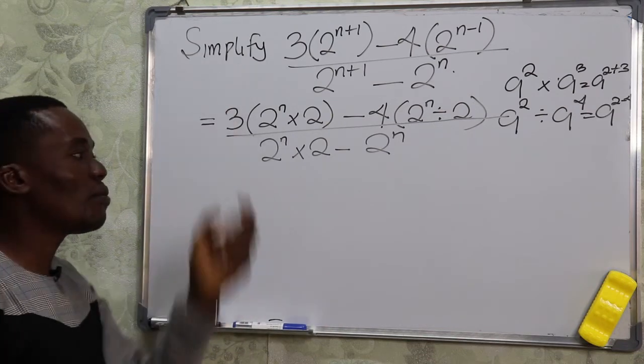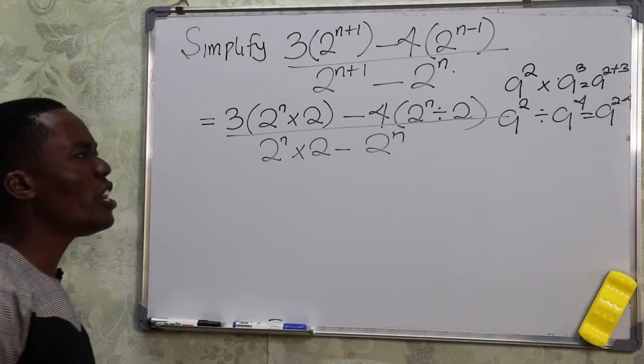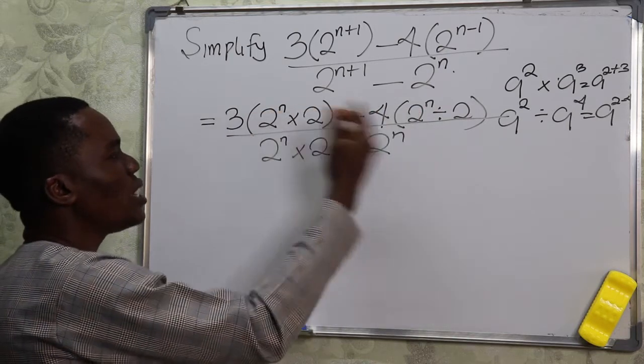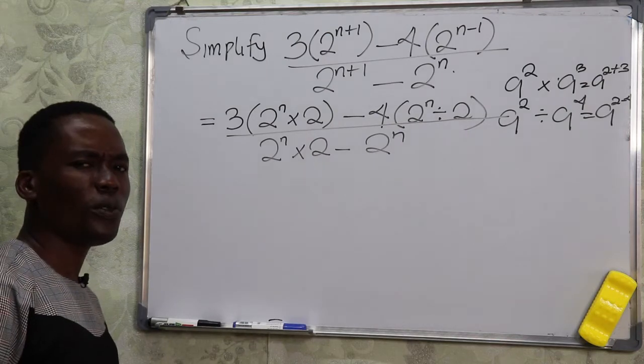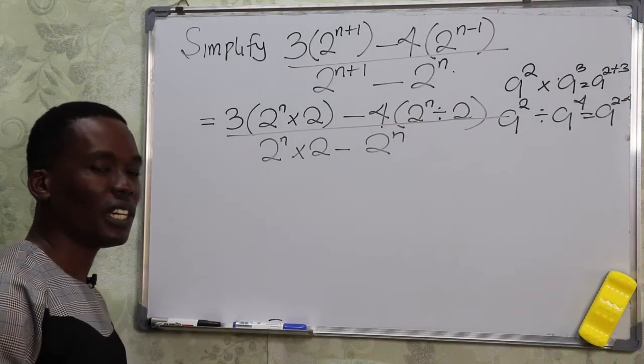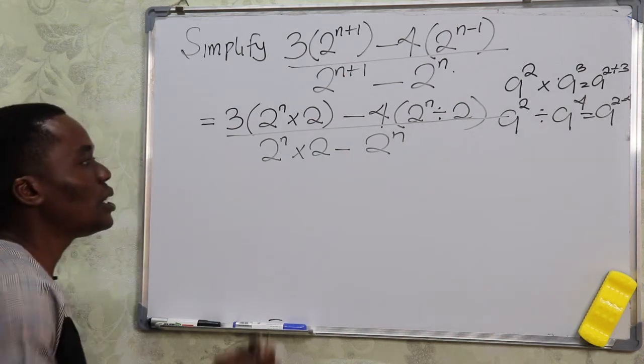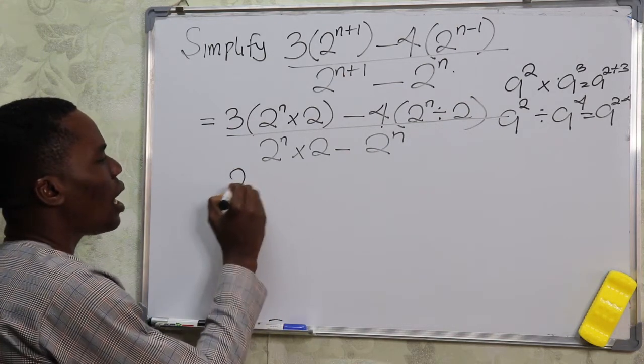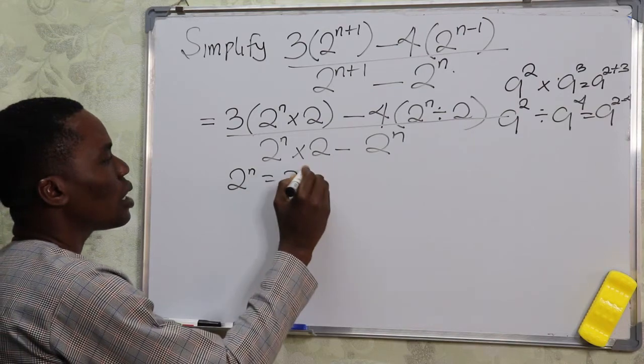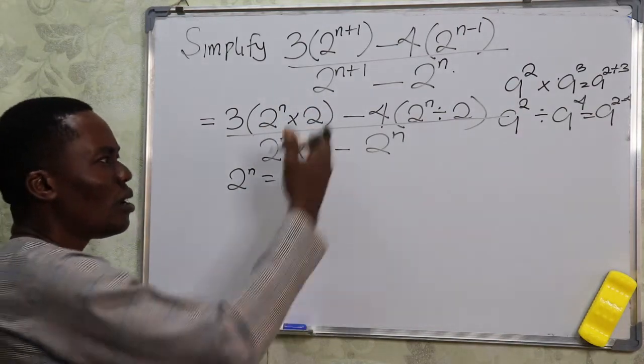Now having gotten this, all we need to do to simplify further, remember they said you should simplify, is this: we have too many 2^n's, and it's confusing. I won't know how you want to solve it, but definitely you can learn from this. I want to make our 2^n equal to x, so as to stop the confusion.